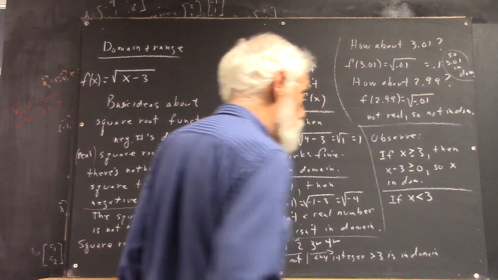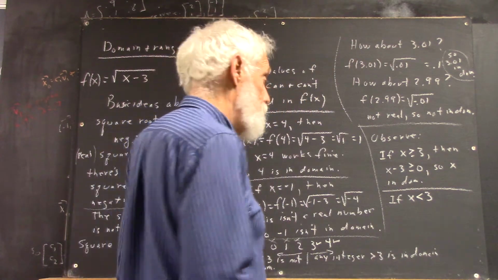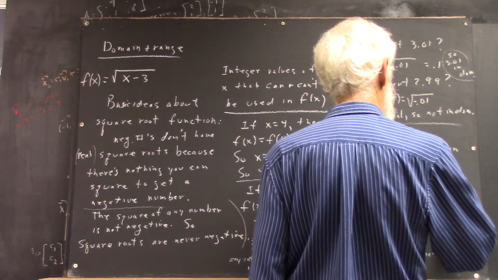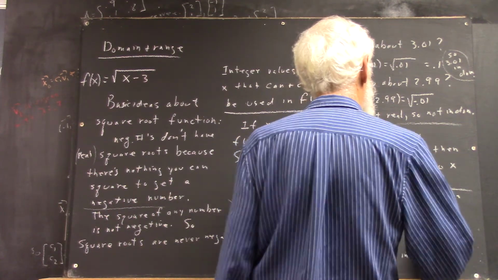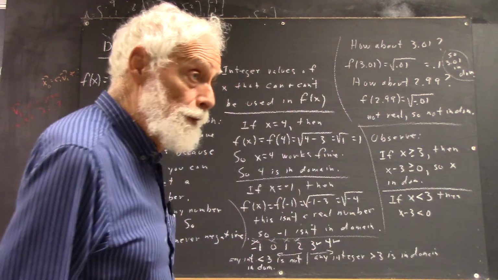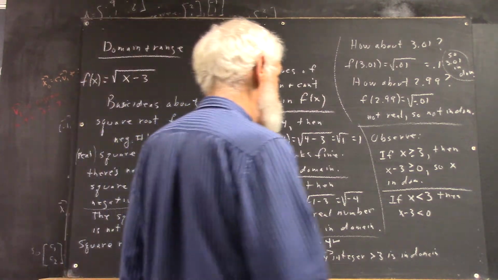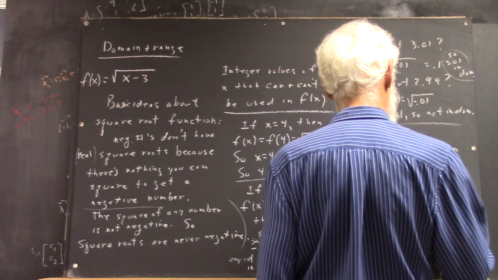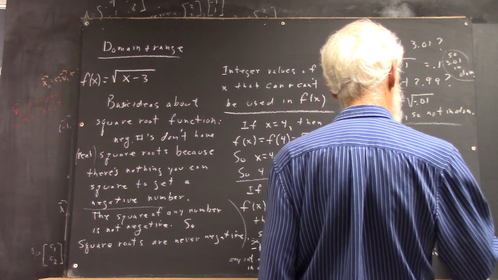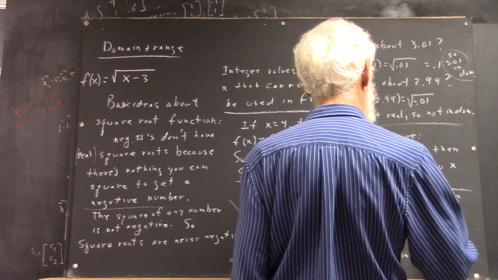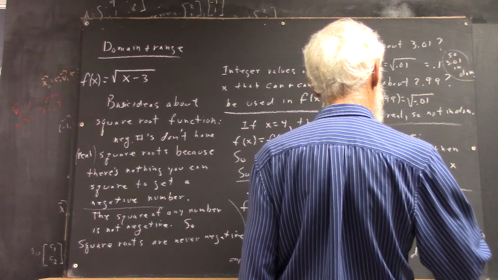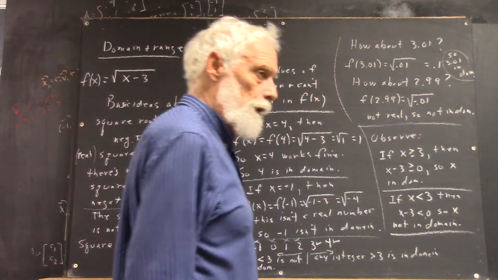If x is less than 3, then x minus 3 is less than 0. So x is not in the domain.